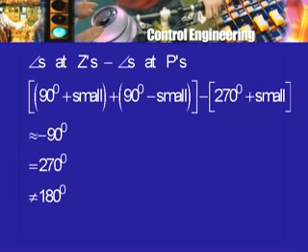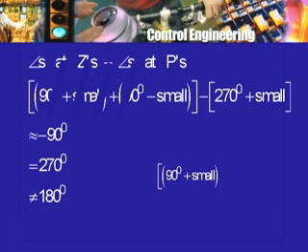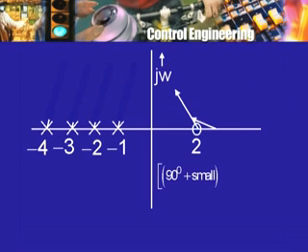So, it is going to be 90 degrees plus a small amount. How small will depend on where the point is. If I take omega equal to 10,000, the angle will have some value. If I take omega equal to 1 million, the angle will be still smaller. So, it will get closer and closer to 90 degrees as I increase omega, but it will always be a little greater than 90 degrees.